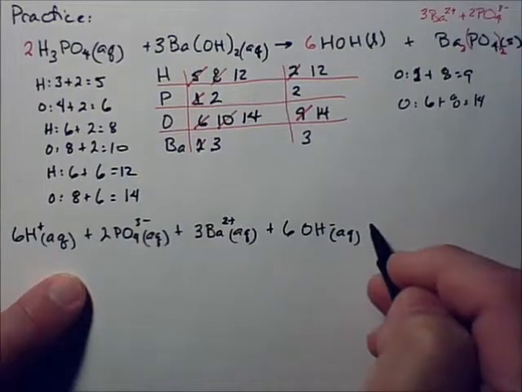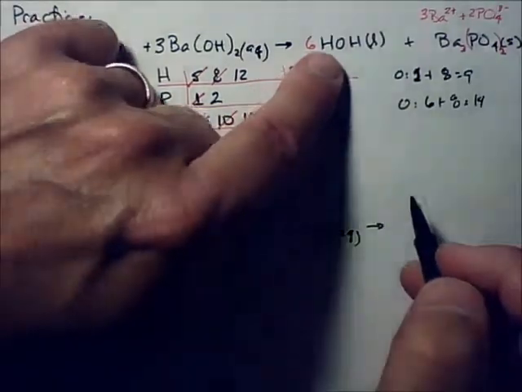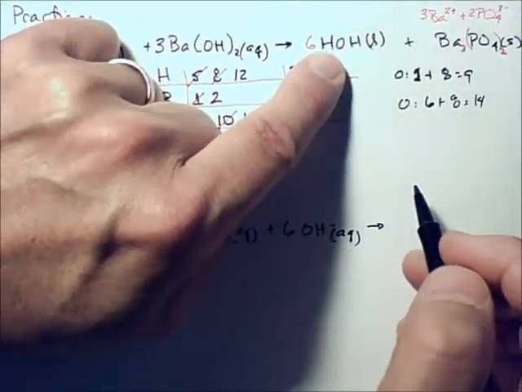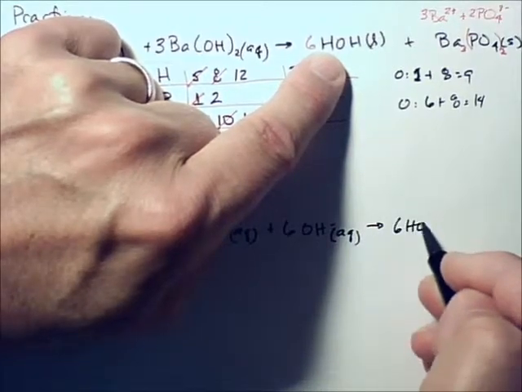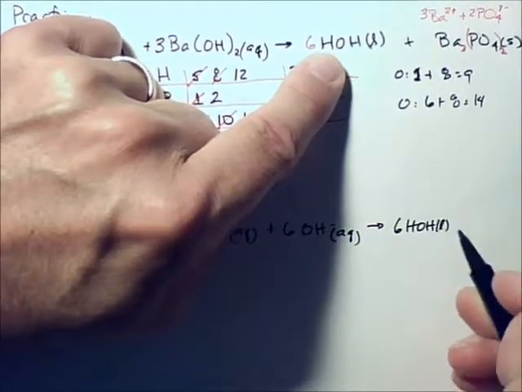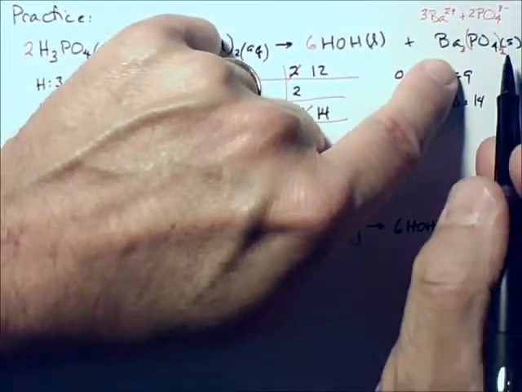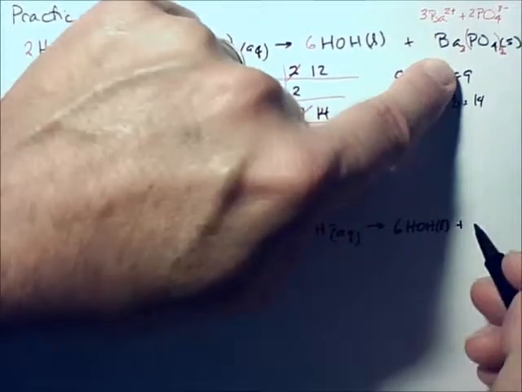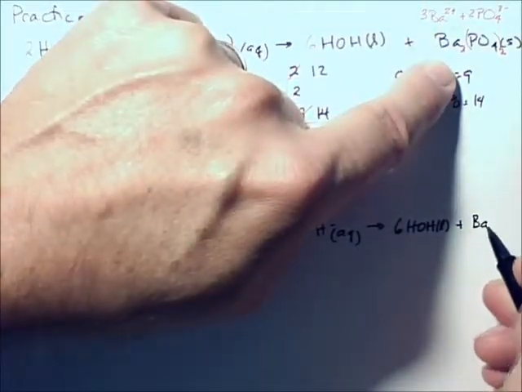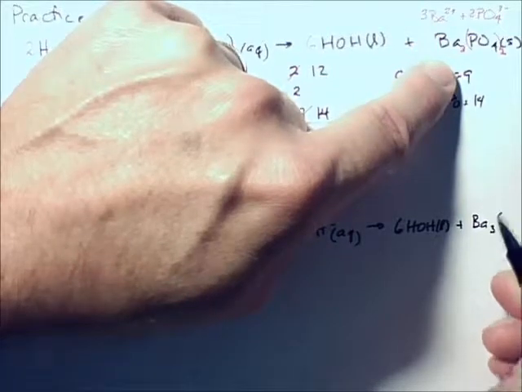Alright? Over on the other side of the equation, then, this is not going to break up because it's not aqueous. So 6HOH, liquid. And this is solid, so it's not going to break up. I'm going to have just 1 barium phosphate.